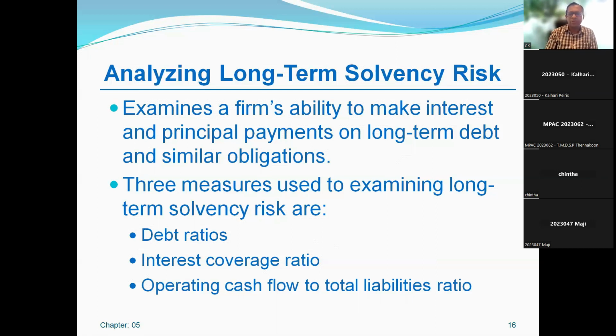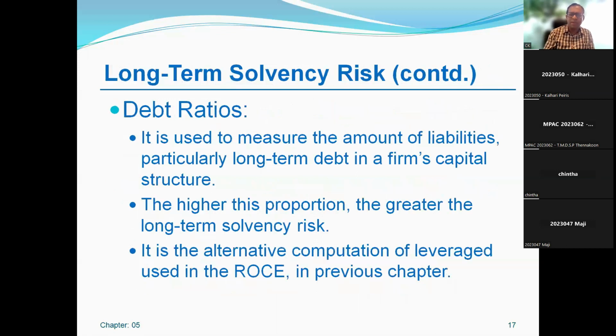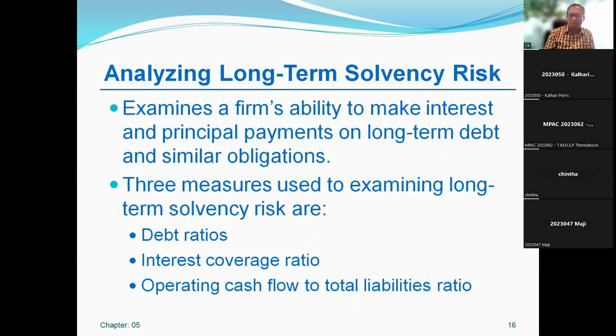So this includes some debt ratios and the interest coverage ratio. What do you mean by interest coverage? Debt ratio is total debt against assets. We are discussing it in detail later. Interest coverage is whether you have adequate profits to cover the interest.